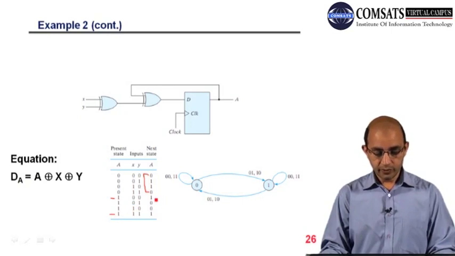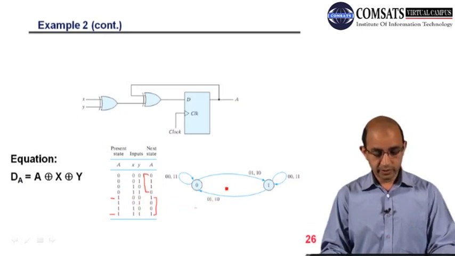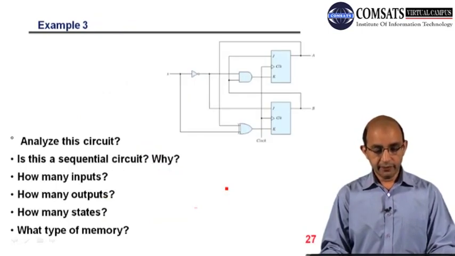So these are the two possibilities, that if we are sitting at 1, we remain at the same state for 0 0 and for 1 1. In order to move from this state back to state 0, we need 0 1 and 1 0. So this is the state diagram, and then we have another circuitry.